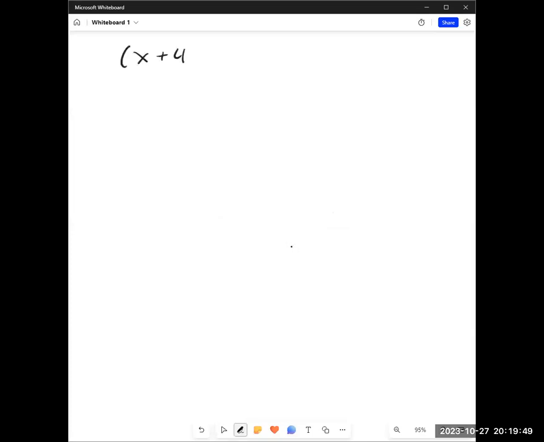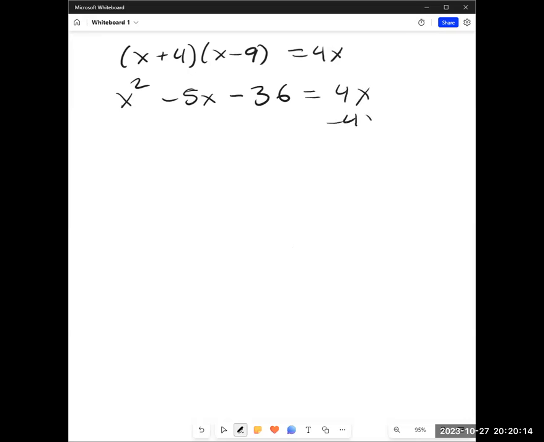x plus 4 times x minus 9 equals 4x. We can't work with this the way that it is, so we're going to have to FOIL on the left-hand side, do our distribution. And we need to subtract 4x from both sides. Once we do that, we'll be good to go.